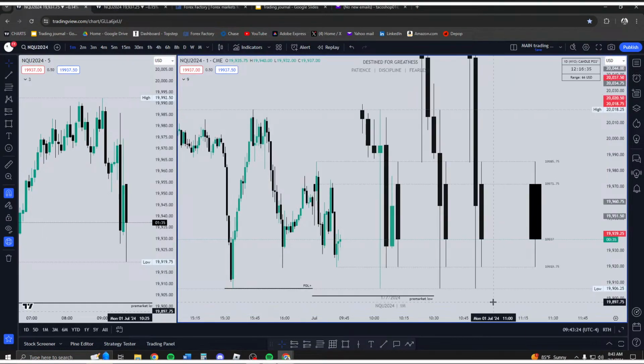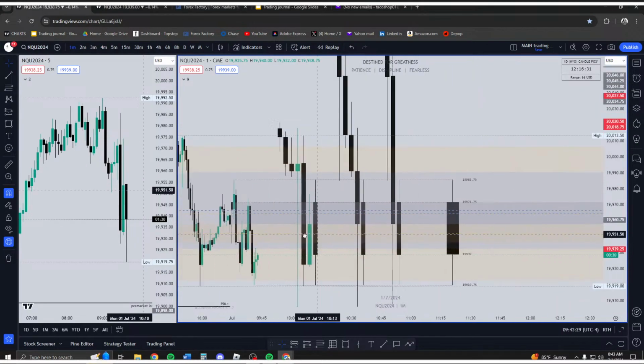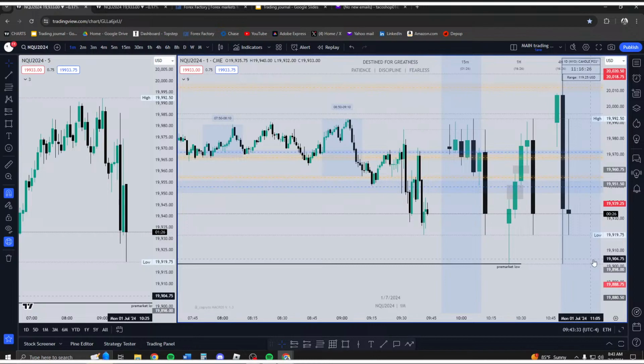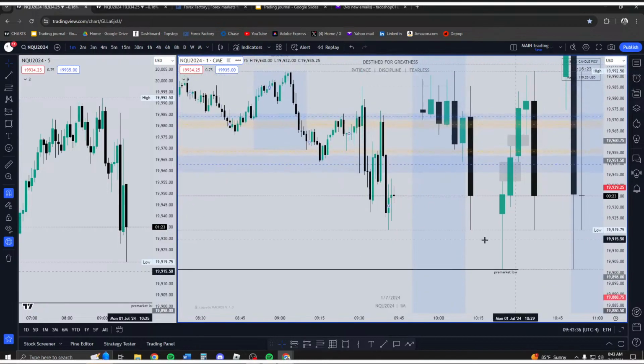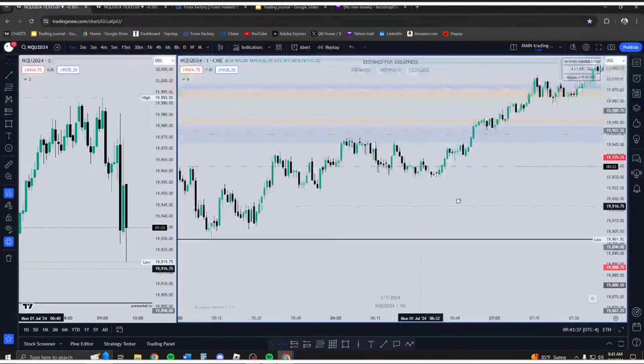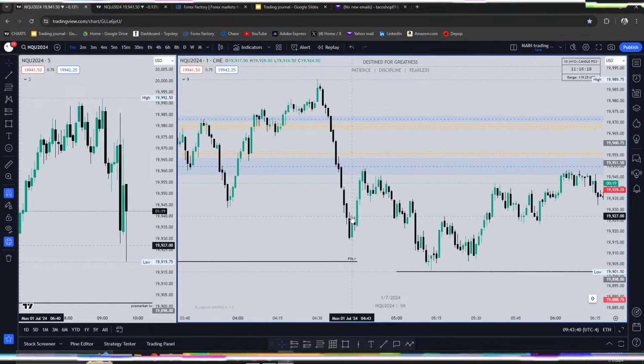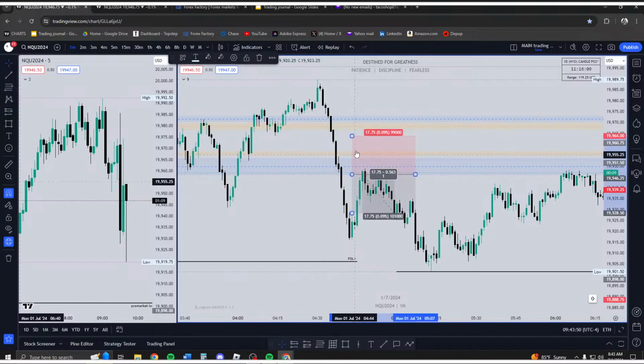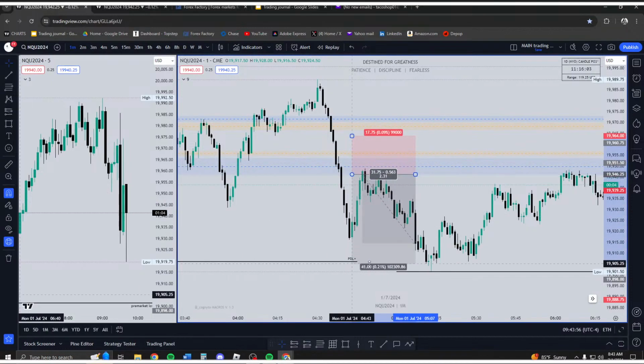Let's see what the RTH gaps look like. We already filled it in here. This would have been the trade right here this morning, by the way. Target, previous day low.